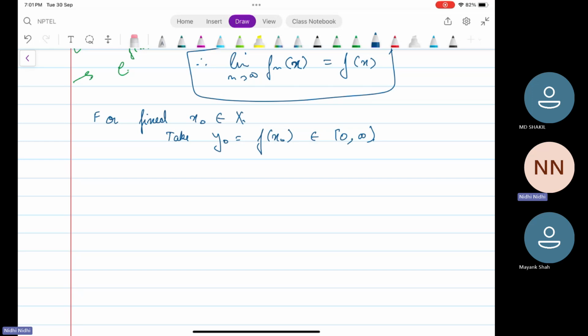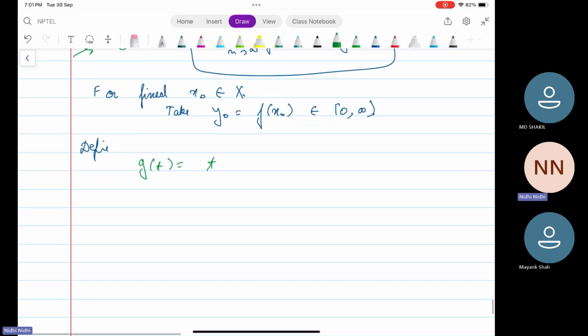Now I'll define the function g(t) to be t times log(1 + y naught/t) for every t strictly positive. Now, can you evaluate its derivative and tell me whether it will have critical points, and where it will be increasing or decreasing?